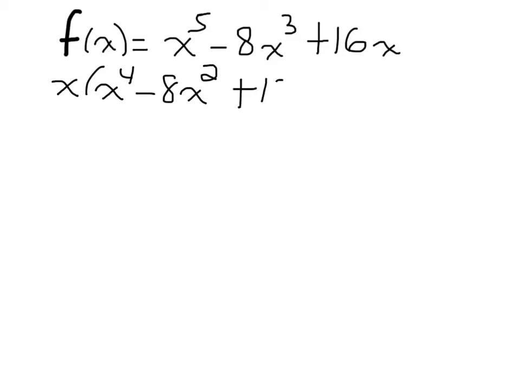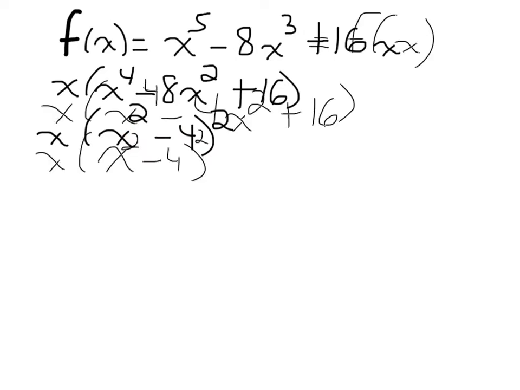plus 16. Now what you have to realize is that inside the parentheses we have a perfect square trinomial. And this ends up being x squared minus 4, parentheses squared. Inside this parentheses now, we have a difference of squares. So we're going to break that up even more to x plus 2 and x minus 2.